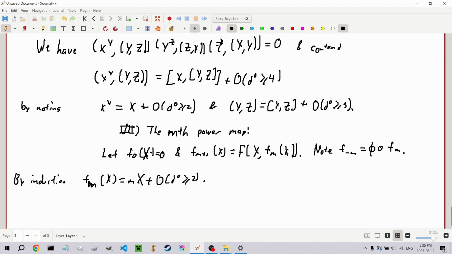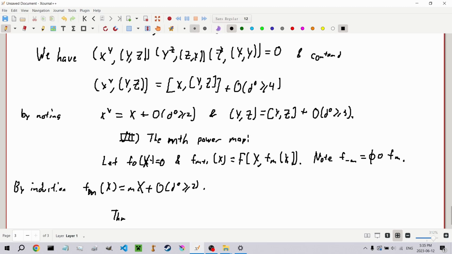And this generalizes to a theorem by Lazard.